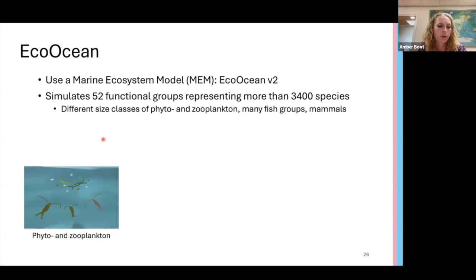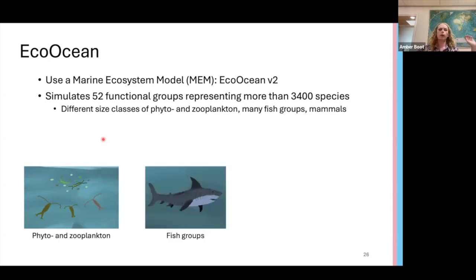So we have 3 phytoplankton groups, the same as in CESM2, and now we have 3 zooplankton groups. We have also many fish groups, and they are, for example, differentiated in size. So we often have a small, medium, and large group, but also where in the water column they live, and also some other qualities.